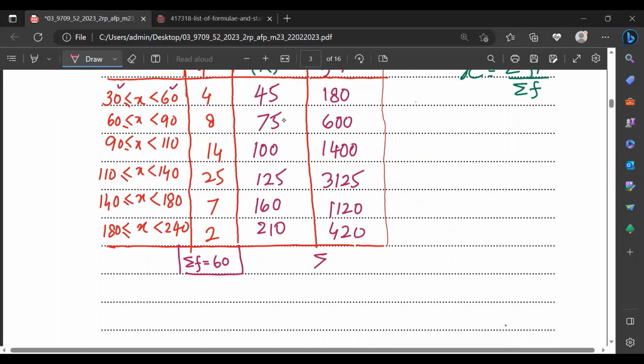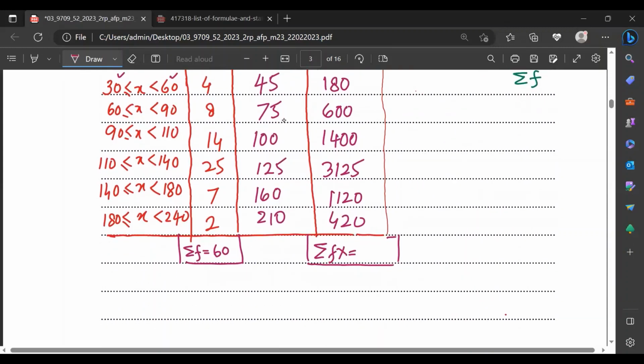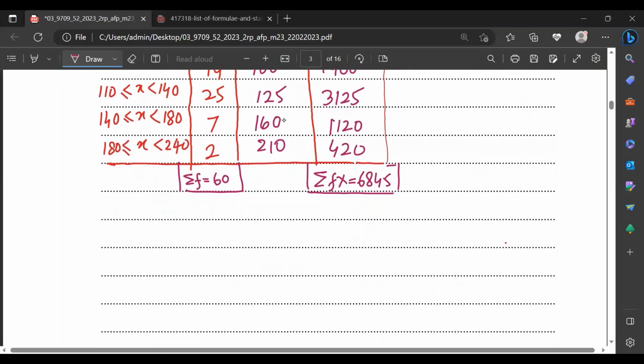So sigma fx, when you add all these values, you can verify the answer is 6845. So 6845 is sigma fx.